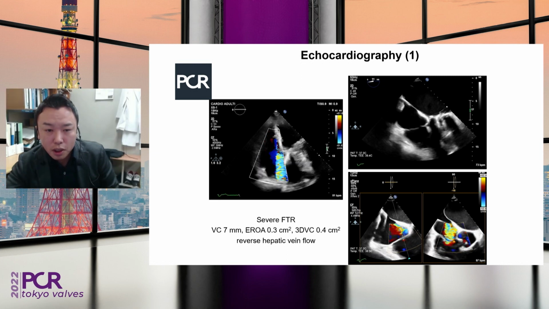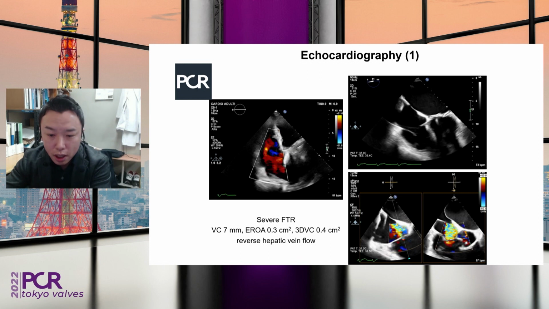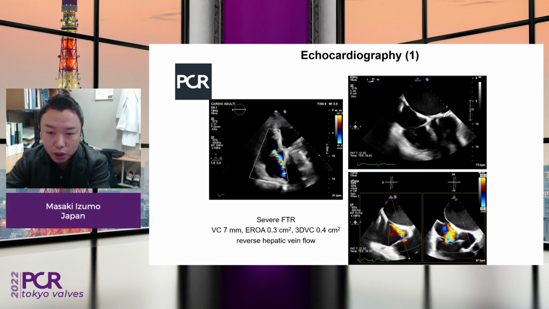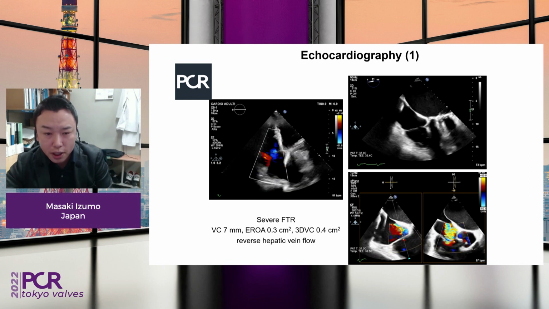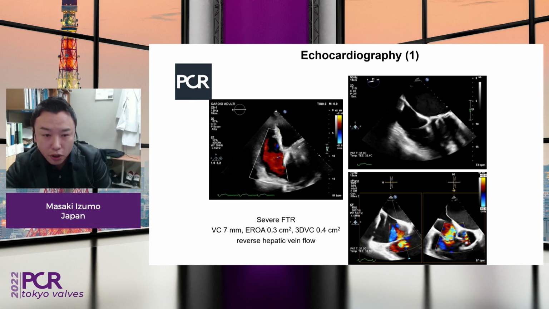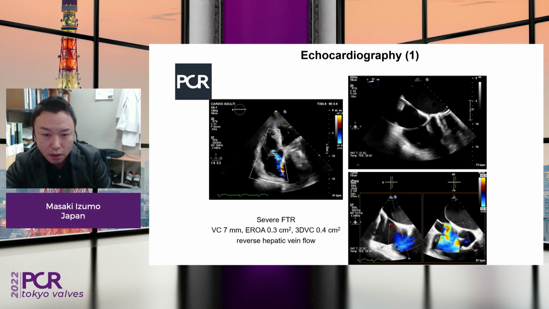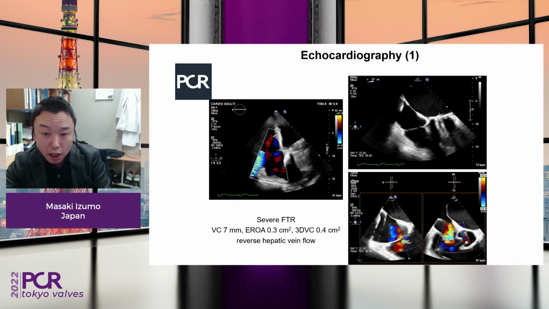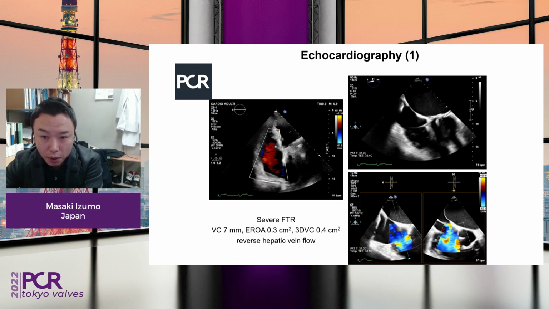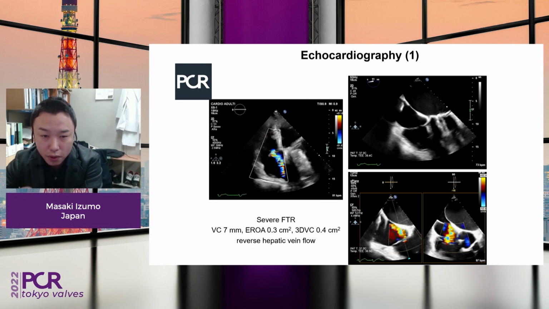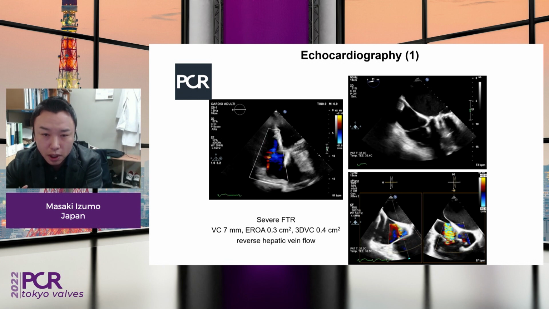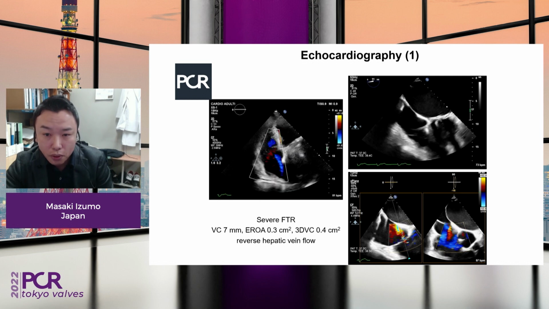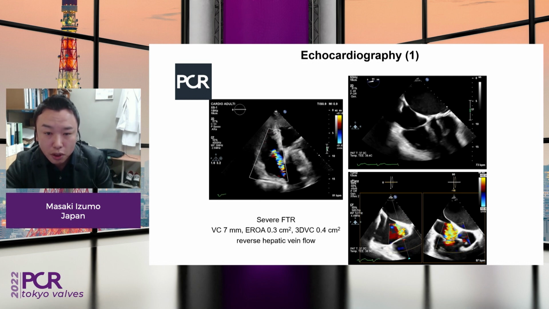Thank you very much, Hayashida. By quantitative analysis, I would say it's moderate to severe tricuspid regurgitation, but visual assessment and the reversal hepatic vein flow indicate severe TR. Also there were no degenerative changes of the tricuspid valve, so the etiology of this case is confirmed as secondary TR. And the transgastric view is also great image quality.